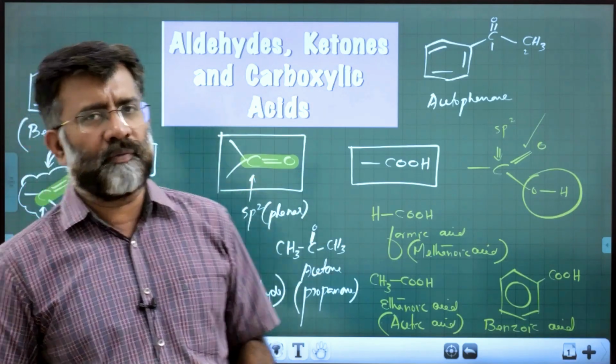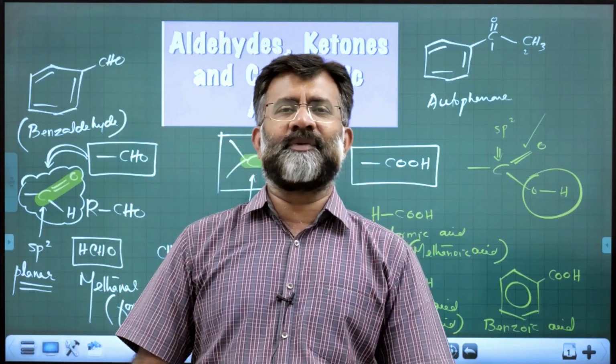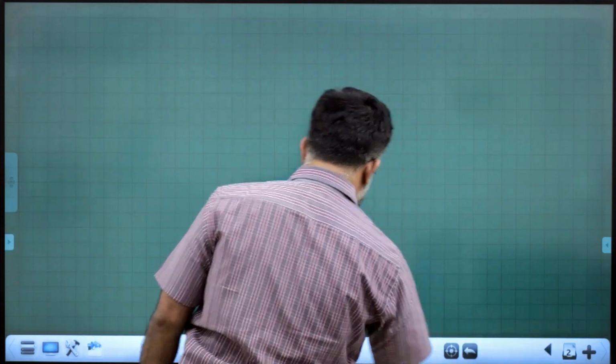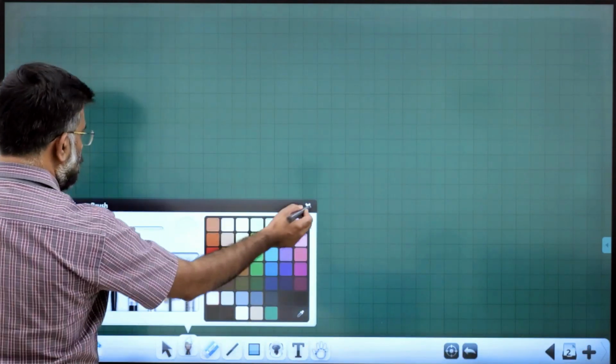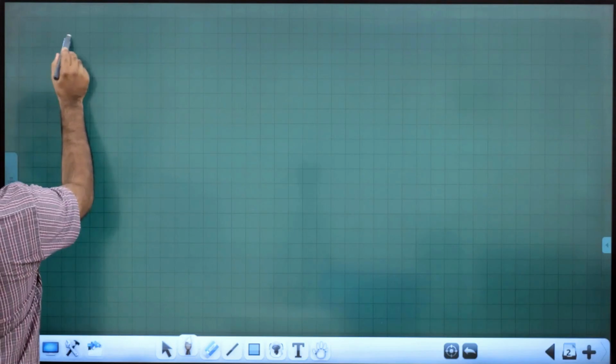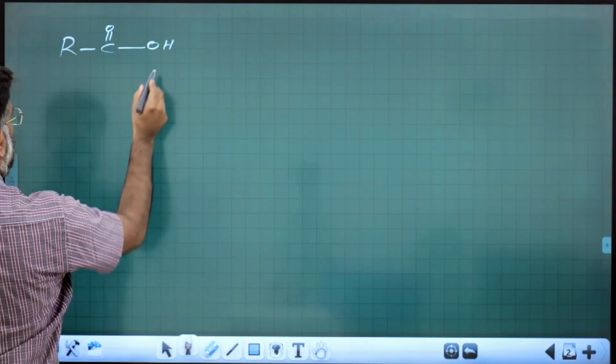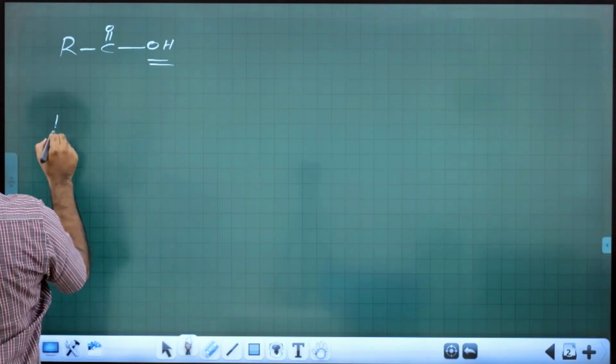And I am sure all of you remember there are derivatives of carboxylic acid. What are the derivatives of carboxylic acid? There are certain important derivatives. This is carboxylic acid, RCOOH. Imagine this OH replaced by chlorine.